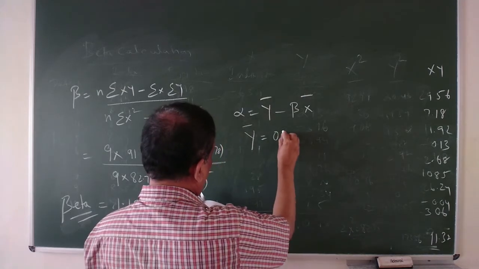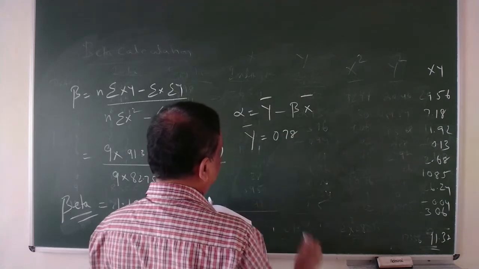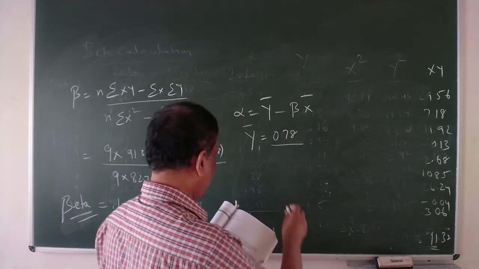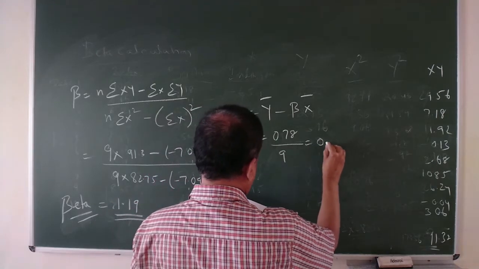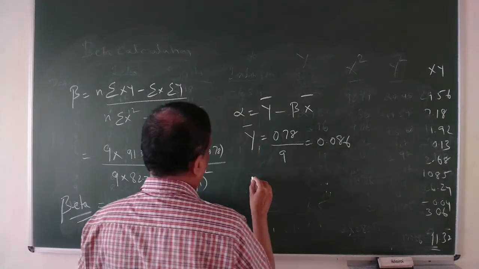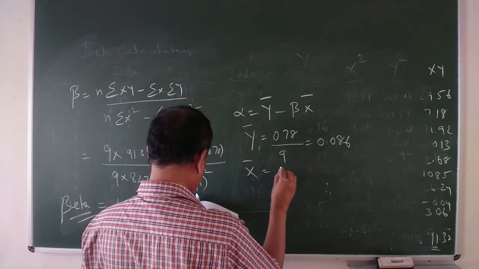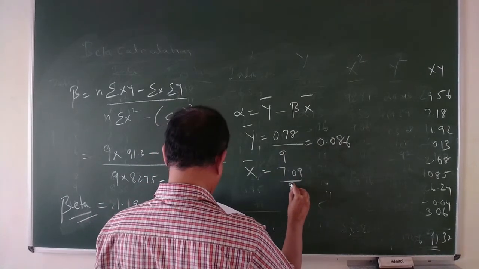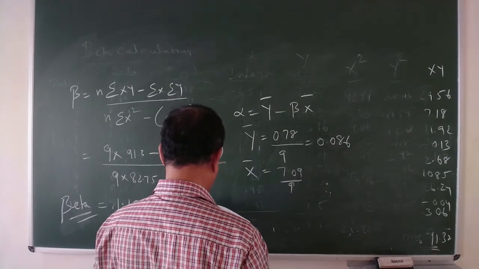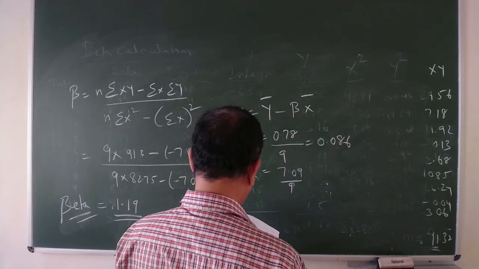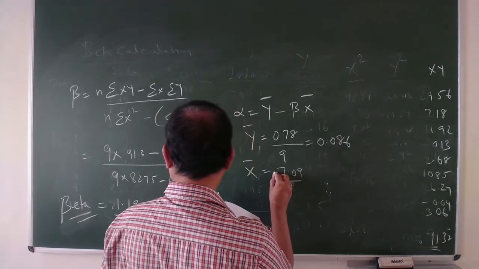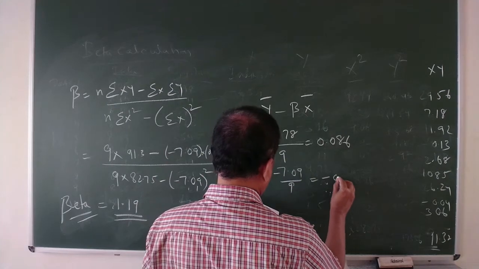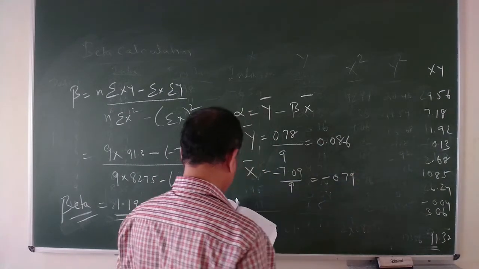So, sigma of y is 0.78 divided by 9, you will get it as 0.086, and x bar will be minus 7.09 divided by 9, that would be minus 0.79.